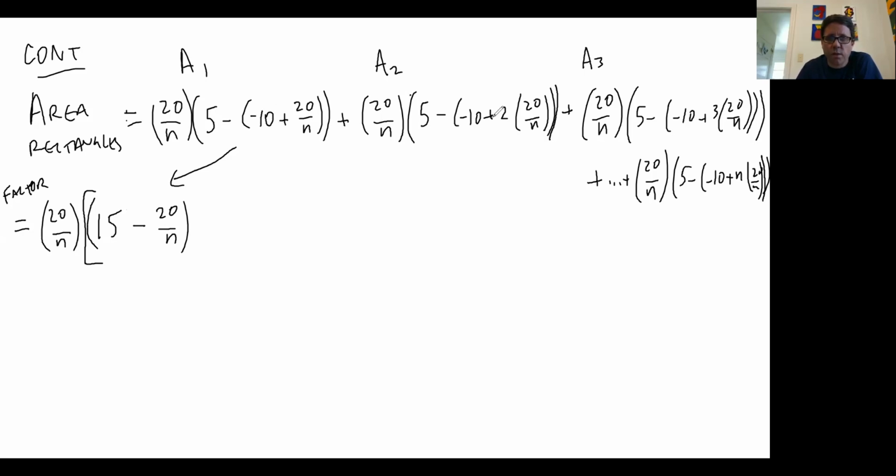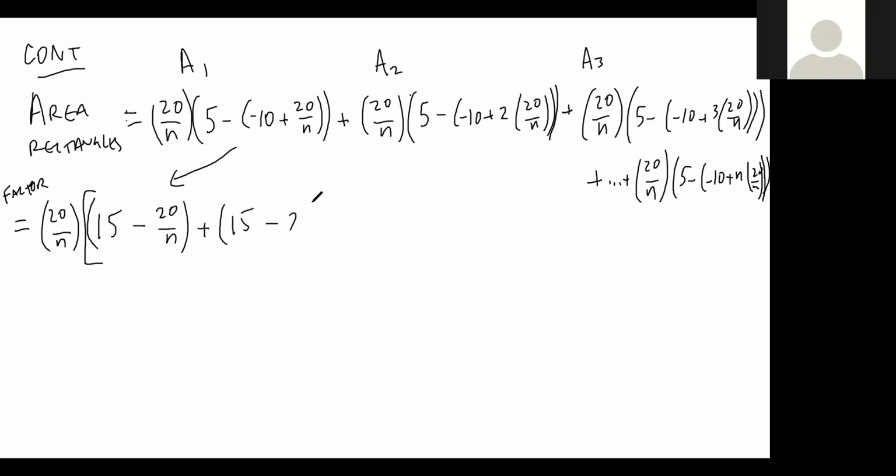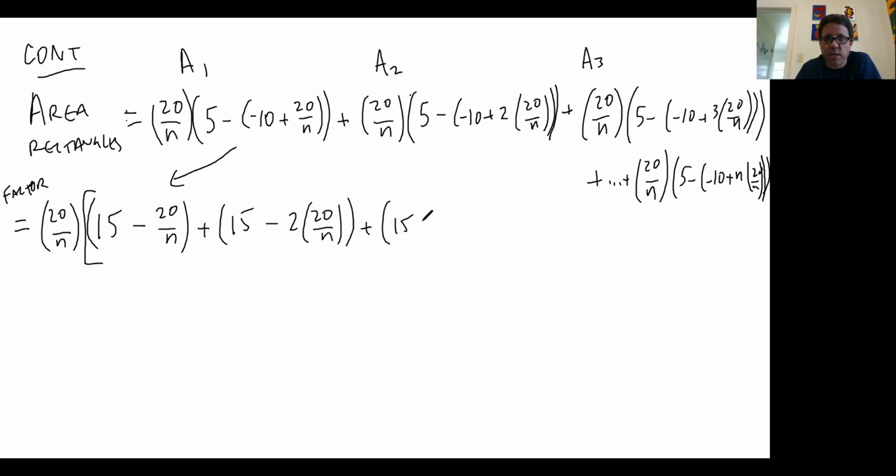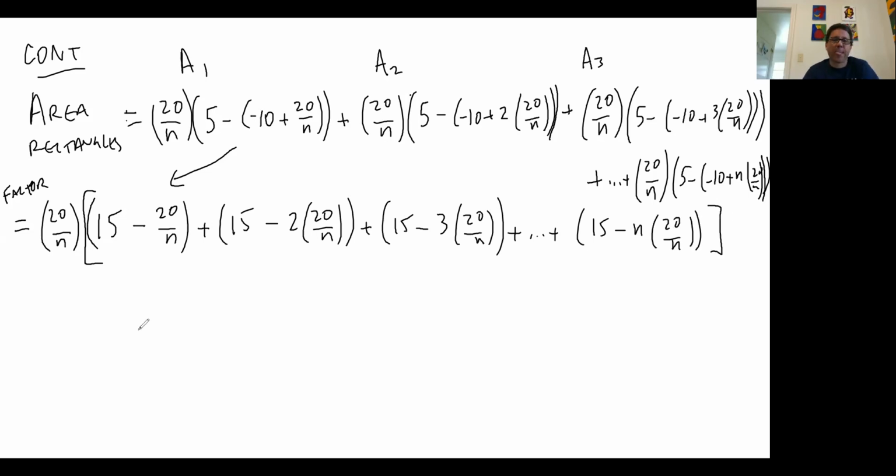This one here, I'll get 15 minus 2 copies of 20 over n. And then I'll get 15 minus 3 copies of 20 over n. All the way down to the end where I'll get 15 minus n copies of 20 over n. So that looks a little better, for sure.